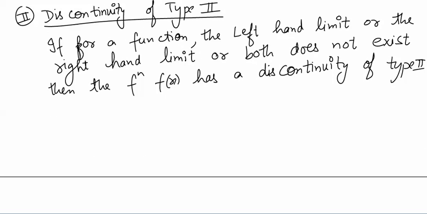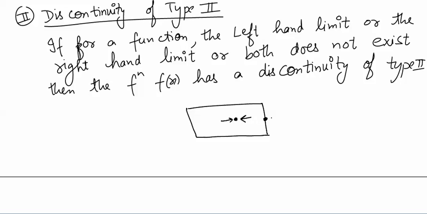What I'm trying to say here is either of the limits, either the left hand limit or the right hand limit, if they are not existing or both are not existing, then this is a discontinuous function and this is a discontinuity of type 2. Practically speaking, you will find this on boundary conditions. See, let's say for example this is a wall. At this point, I have a left hand limit, I have a right hand limit. But what about this point?